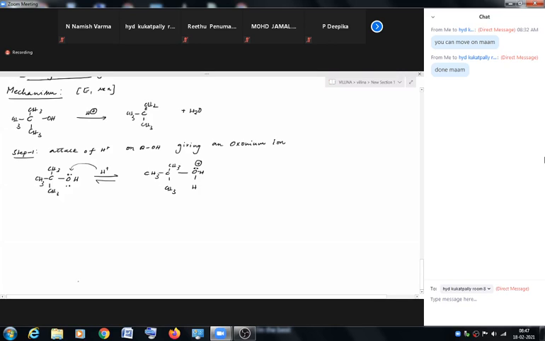Initially we have OH and in presence of acid, the H plus coming from the acid will be attacking the oxygen's lone pair and a new bond will be formed. In the process, oxygen ends up having a positive charge. Now this is our oxonium ion. Oxygen with a positive charge is oxonium ion. Now this is very unstable. Oxygen is a more electronegative atom, right? It cannot contain a positive charge on it for a very long time.